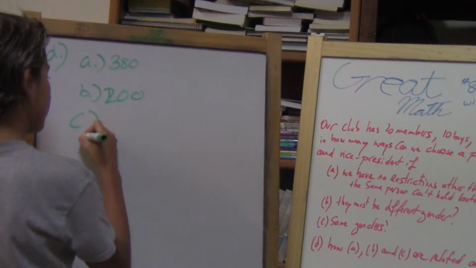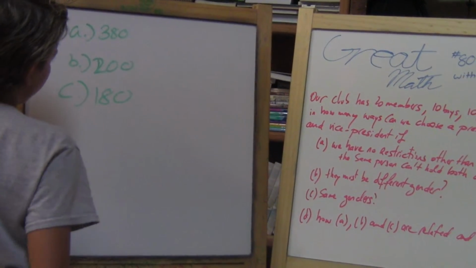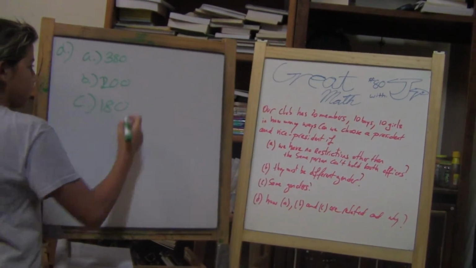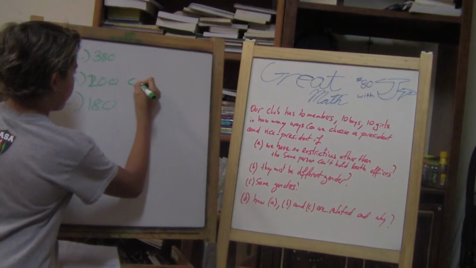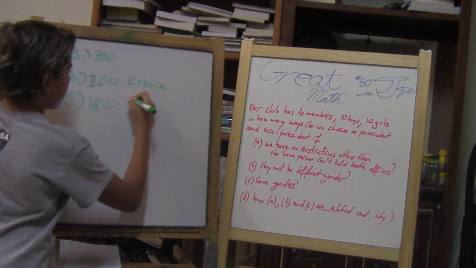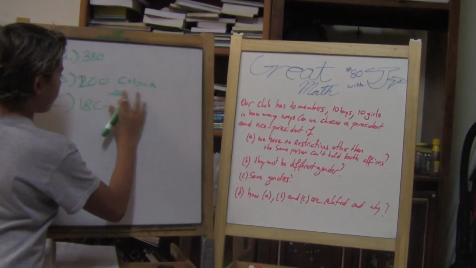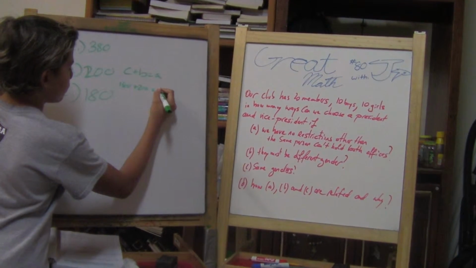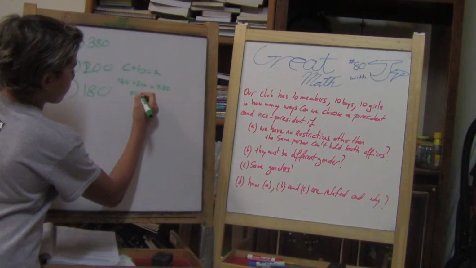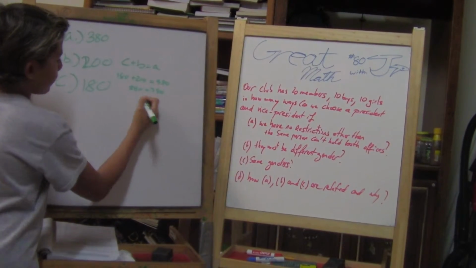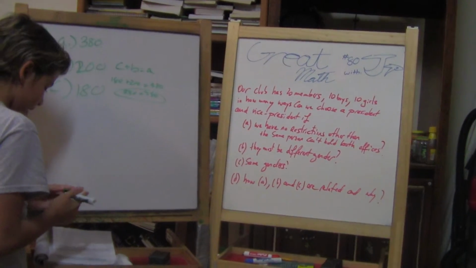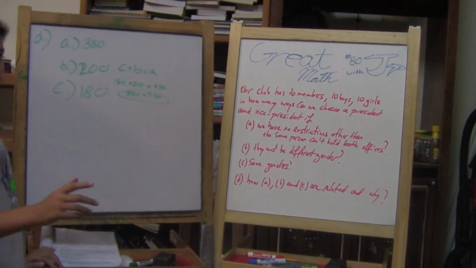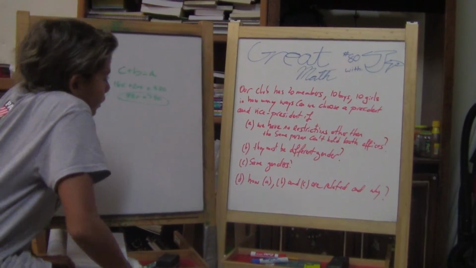And C was 180. Now what's here? Okay, I already see the twist. C plus B is equal to A. Oh wait, no, 180 plus 200 is equal to 380, which does actually make sense. So that was kind of the twist at the end. It's a good thing to remember the other answers.